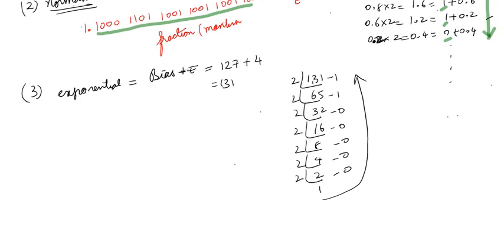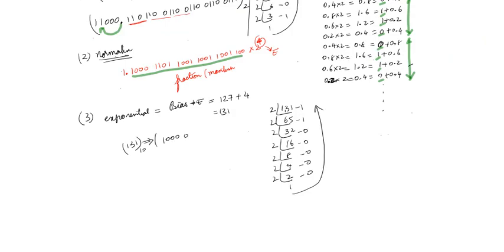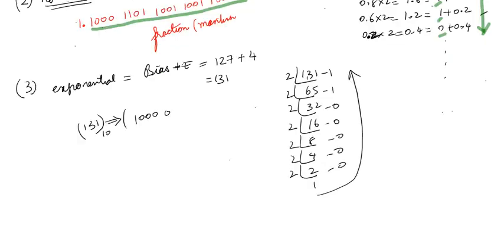This 131 is represented as 1, five zeros, followed by double 1. So 131 in decimal is converted to 1000 0011. So this is the exponent.